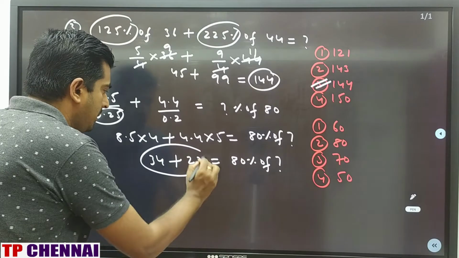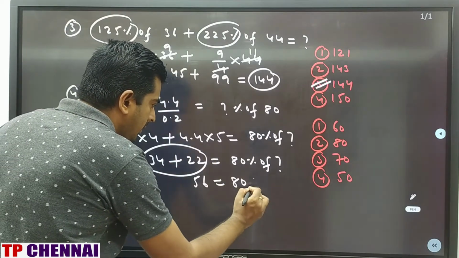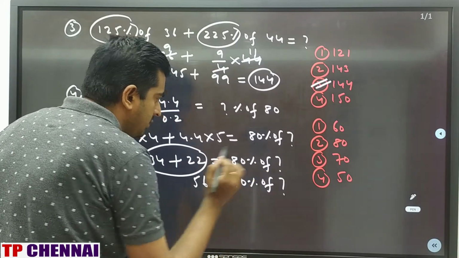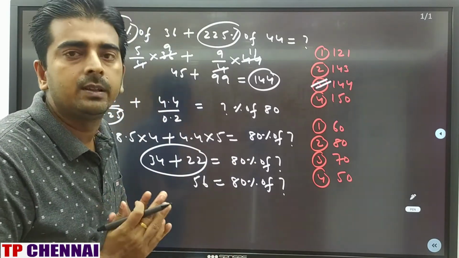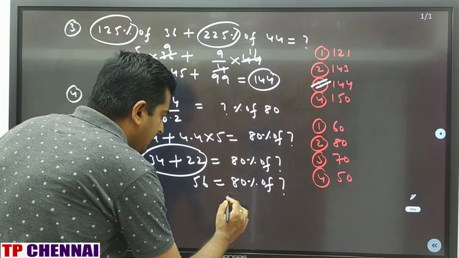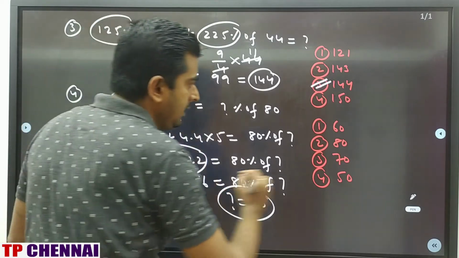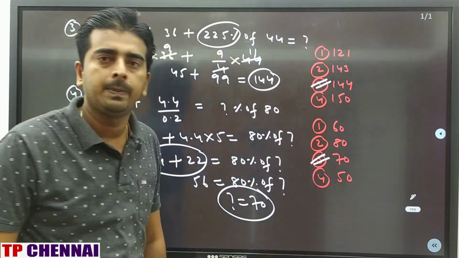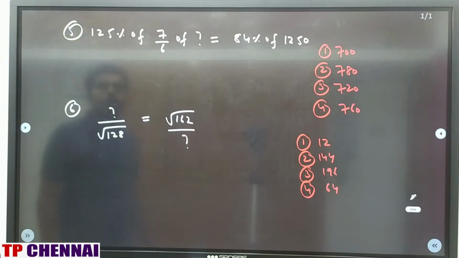What is 34 plus 22? 56 is equal to 80% of question mark. 80% of which number will give you 56? You will say 70, right? Directly 70. 8 7s are 56. My answer is 70, which is the third option. So I hope you are clear with the fourth one. Now we will see the fifth one.